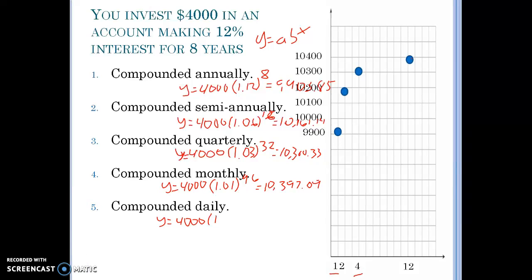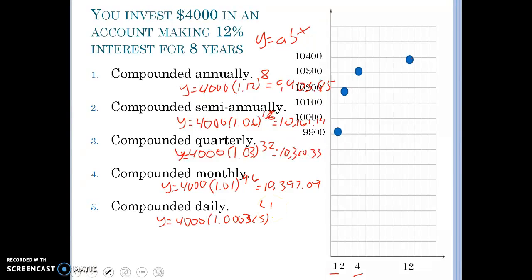So that's going to be 1.0000325. That's a 3 there. And then we're going to have to raise that to a power where we're going to take 365 days a year and multiply it times 8 years.